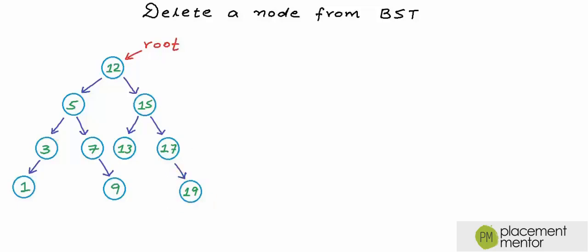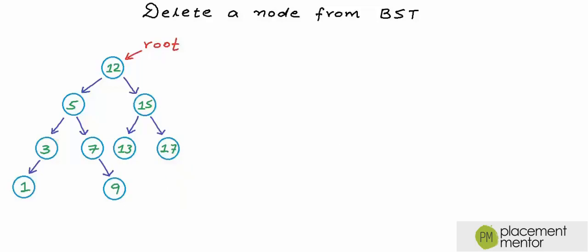This particular node with value 19 that we are trying to delete here is a leaf node. It has no children. And even if we take this guy out by simply cutting this link, that is removing its reference from its parent and then wiping it off from memory, there is no problem.